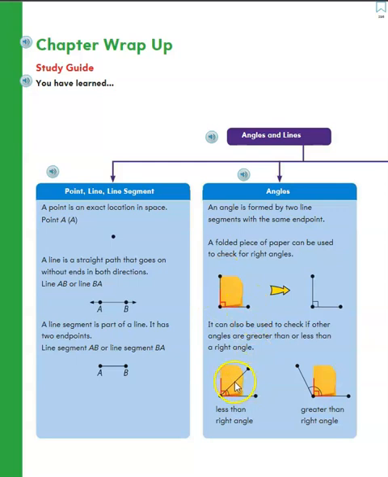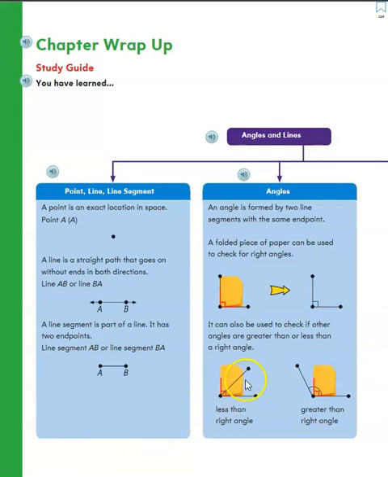Now, if we look down here, and we put that piece of paper right here at where these 2 line segments meet at this angle that they're forming, we can see that this is much smaller, right, than a right angle. If it were a right angle, we wouldn't be able to see all of this paper right here. It would be lined up perfectly with the paper.